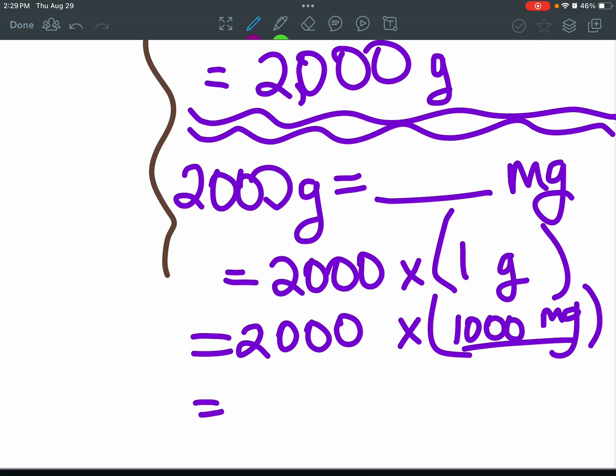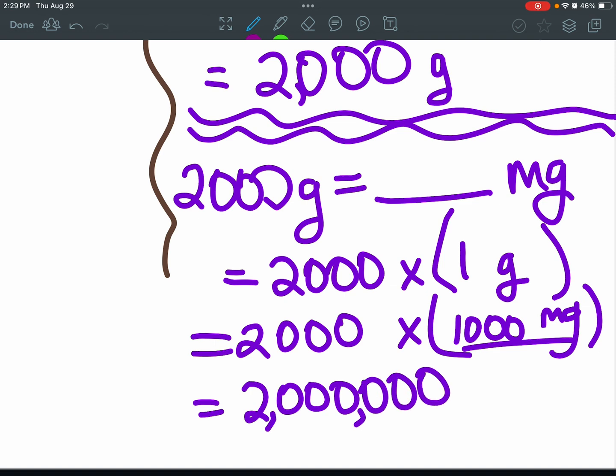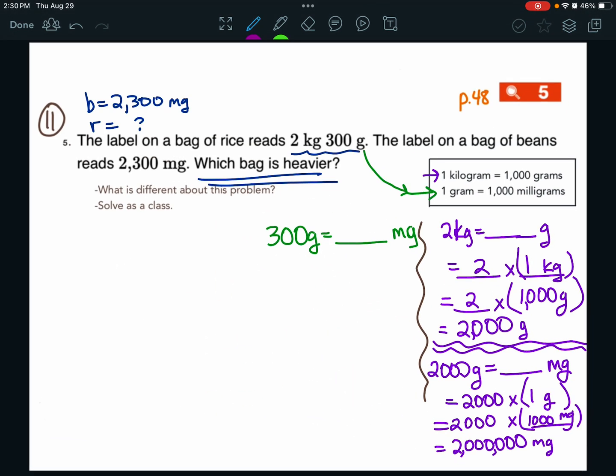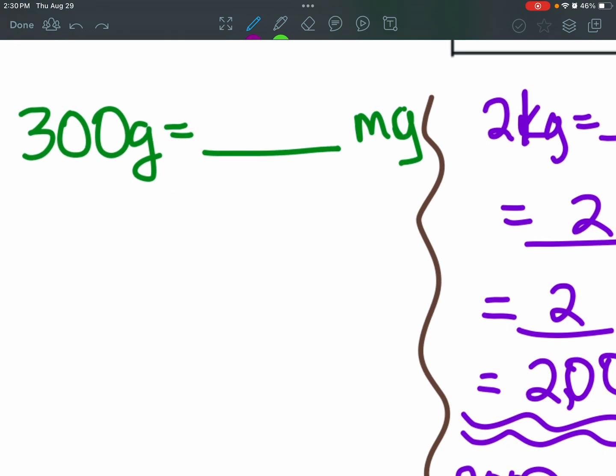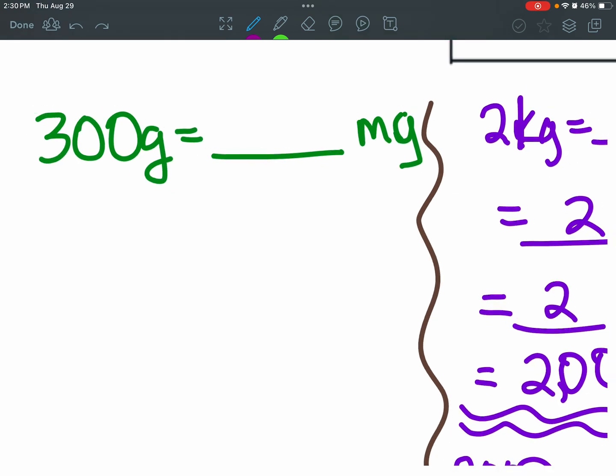And then if we multiply that, 2 and 1, 2, 3, 4, 5, 6 zeros. So it is 2 million milligrams. Well, honestly, we already know our answer because that is significantly bigger than our beans. But it's good practice. I want you to pause the video and I want you and your shoulder partner to solve the grams into milligrams part and then come back.